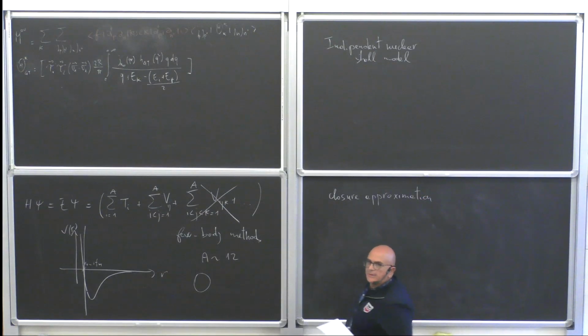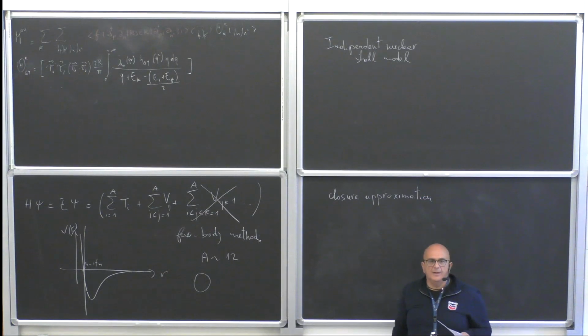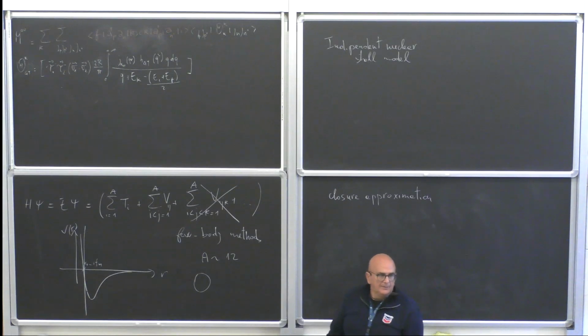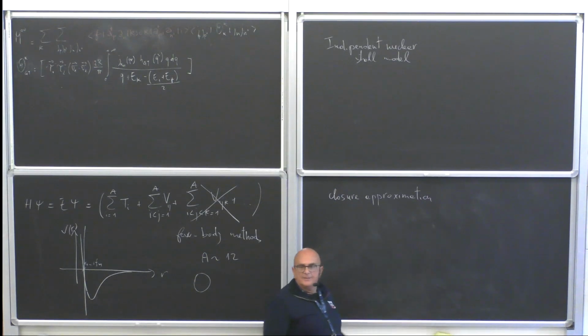I don't know how many of you work, at least in experiment, in the detection of neutrinoless double beta decay, but maybe reading some theoretical papers you have met this concept.